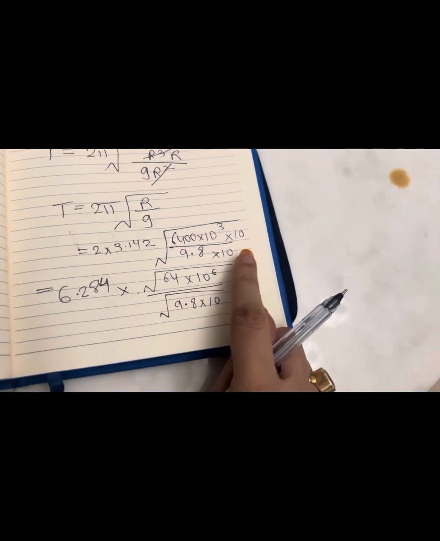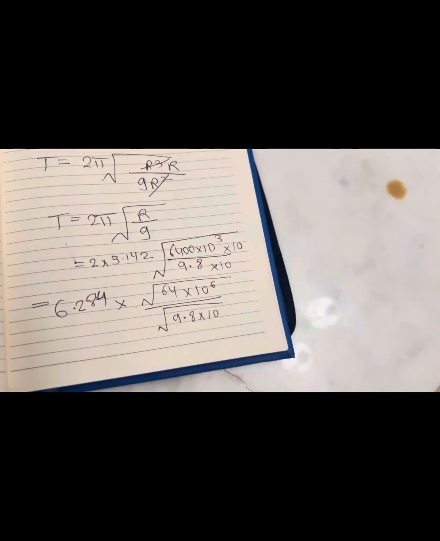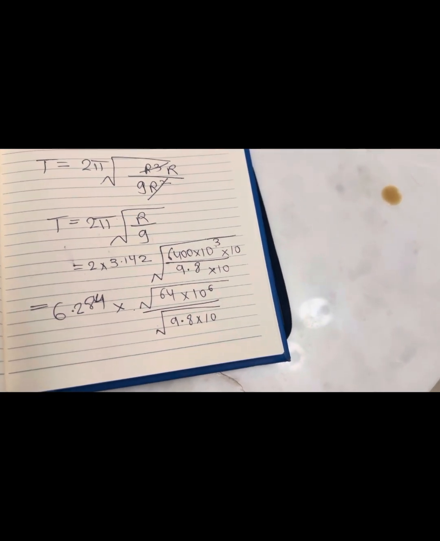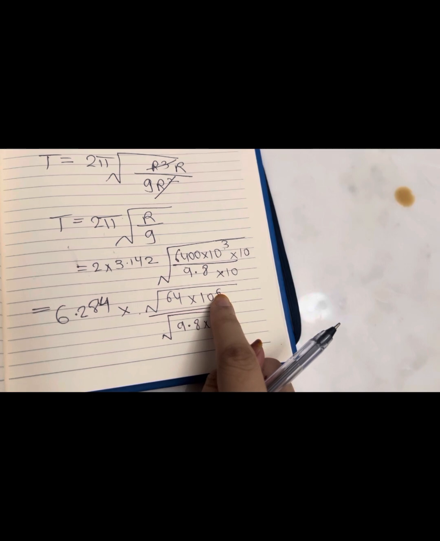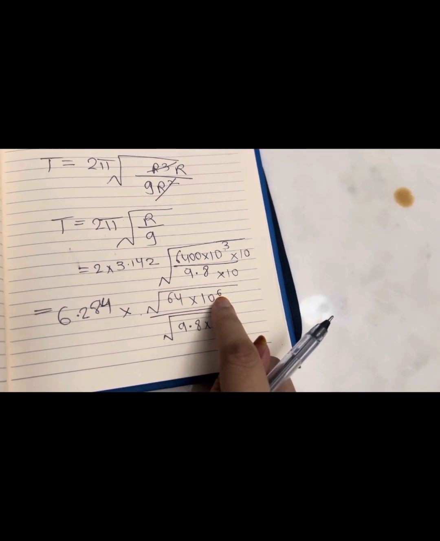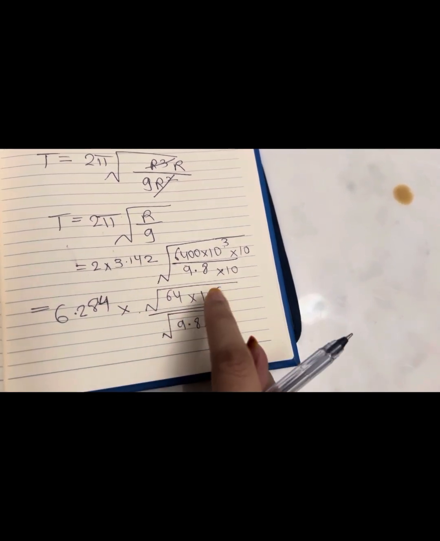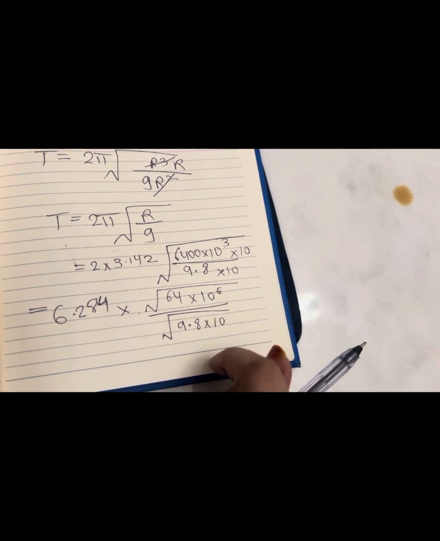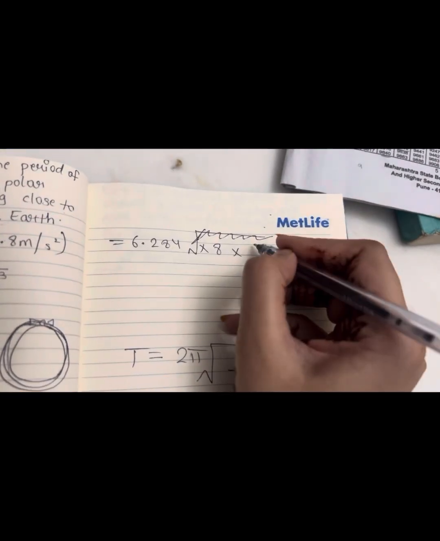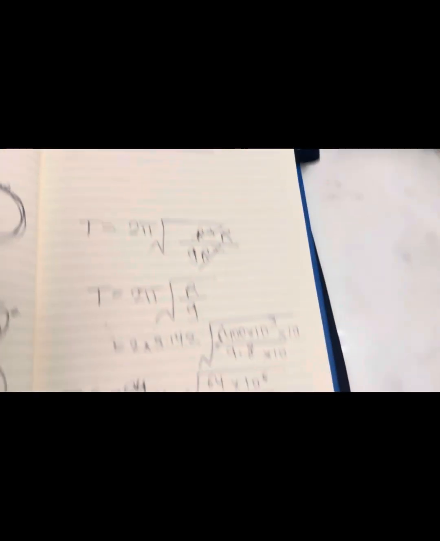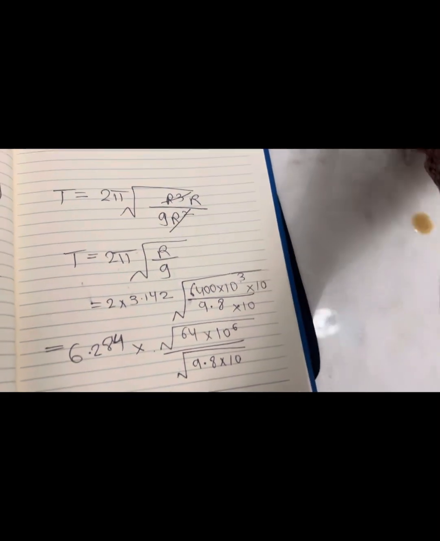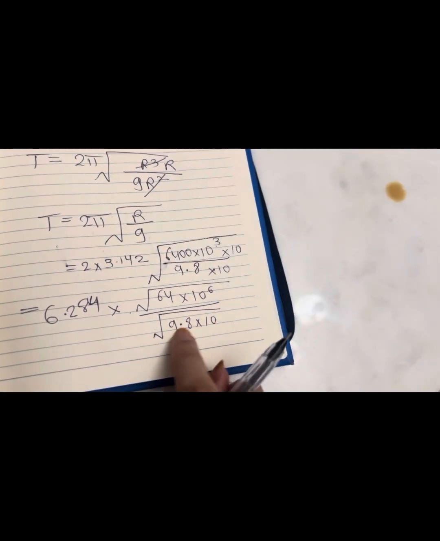Since I have multiplied and divided by 10, the power of 10 becomes an even number. If it is an even number, it will become easy for me to remove it out of the square root. Now 10 raised to 6, half of 6 is 3. So now you can write 10 raised to 3. And here it is square root of 98, since 9.8 into 10 gives us 98.